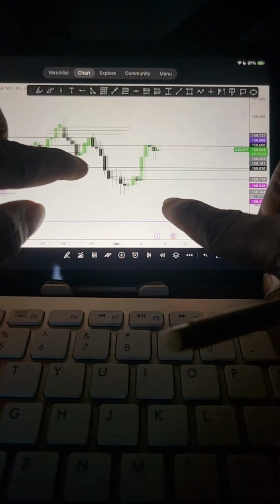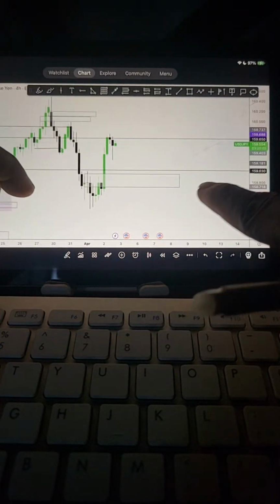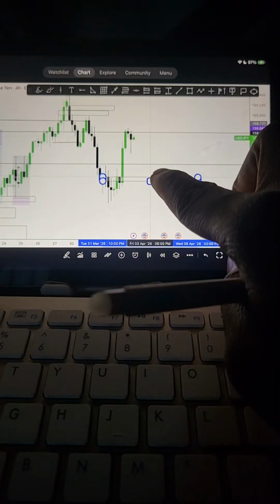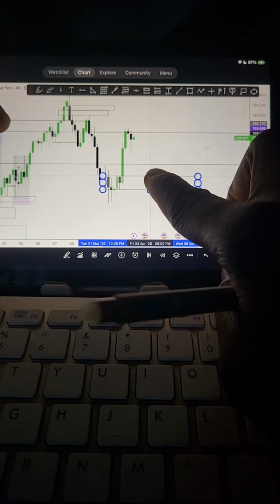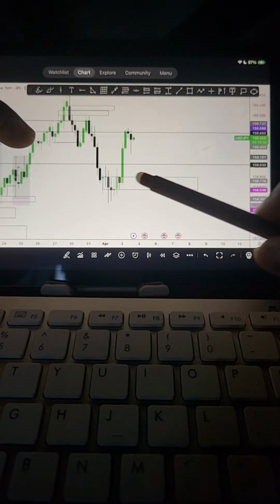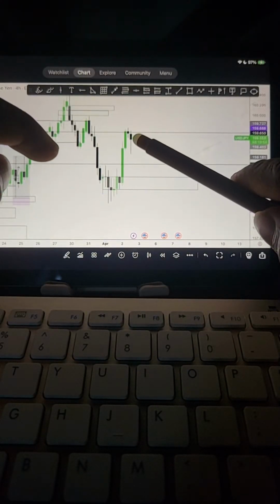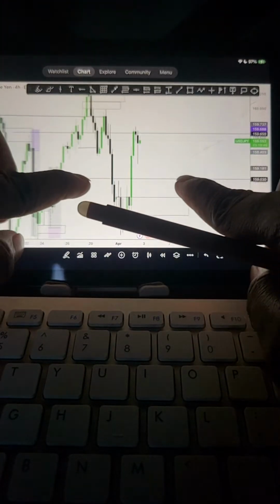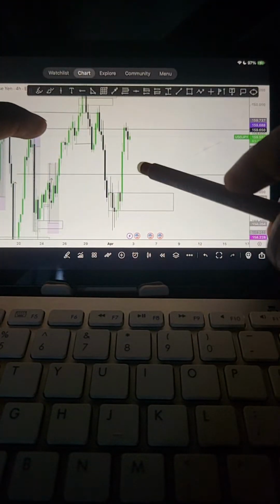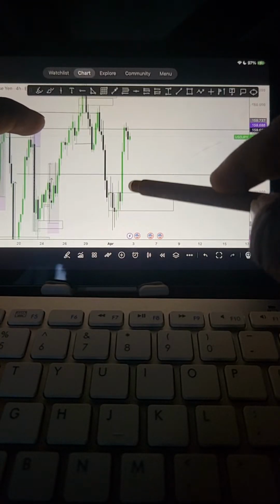So where do you think we can buy from? We can buy from somewhere around here. We can wait for price to come back to somewhere around this zone. Before that retracement, we are also going to be looking for some kind of liquidity build up around this zone.